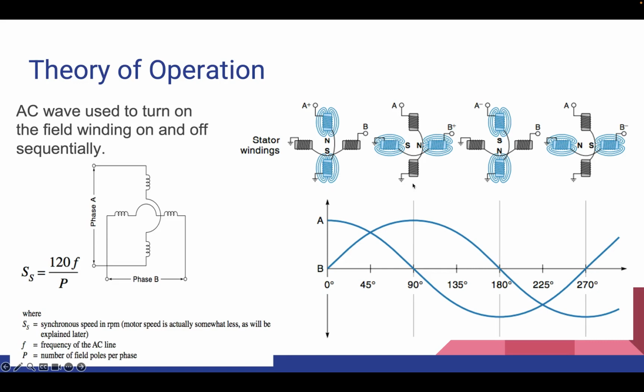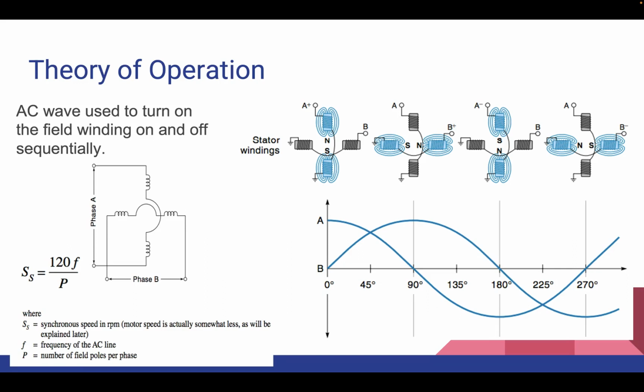And this analysis explains how the two-phase AC causes the magnetic field to act as if it were rotating in a clockwise direction.